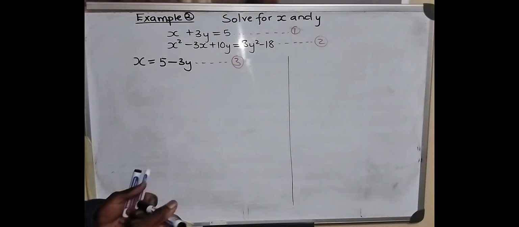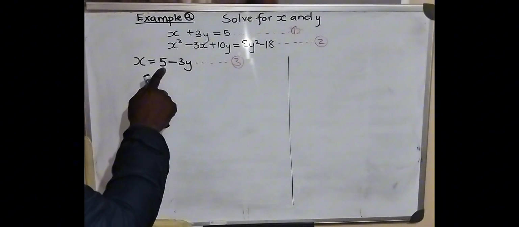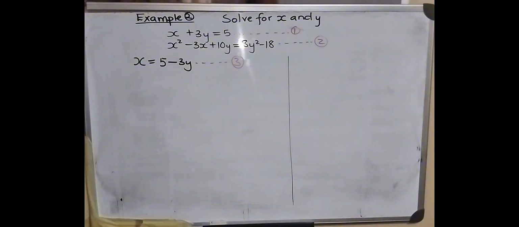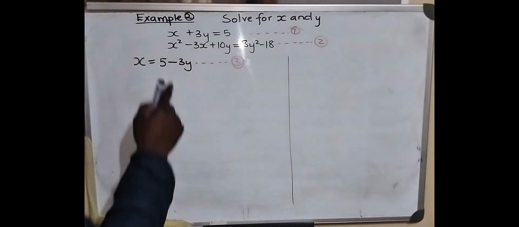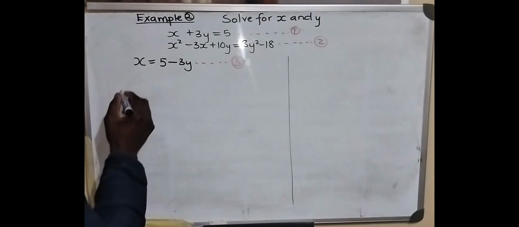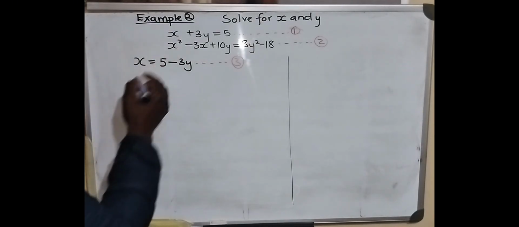Then, what am I going to do with equation number 3? I'm going to substitute this expression wherever I see x in equation number 2. Right, so here I come across x, so what am I going to do? I'm going to substitute this expression. So what am I going to obtain?